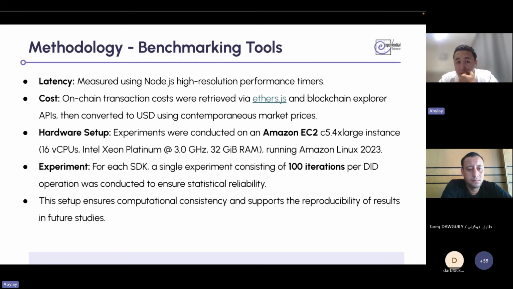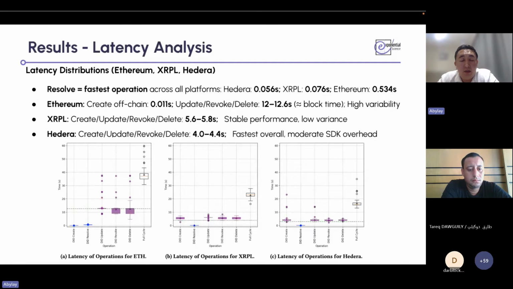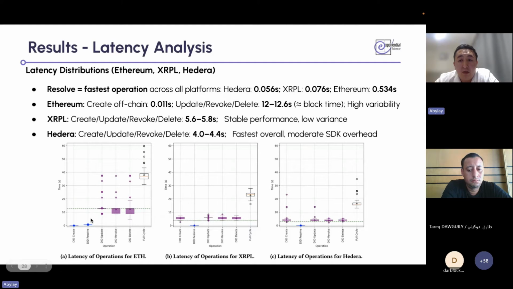In terms of the experiment, it consisted of 100 iterations per DID operation, and we have 5 operations. The results for latency: the resolve operation was the fastest across all platforms because resolve happens off-chain, so it's intuitive and expected.